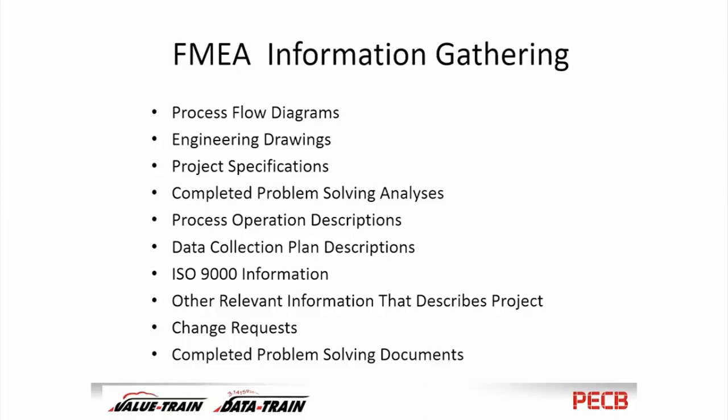As far as the very beginning stages of this to gather information, you can read this list as well as I can, so I won't bother doing that, but this is just a list of possible things and possible sources of information that might be useful to have in order to do the FMEA process.